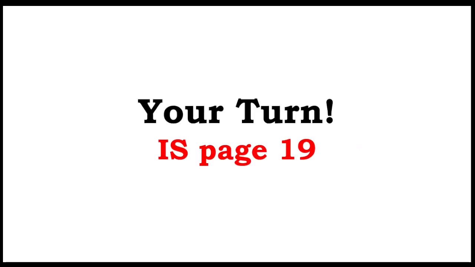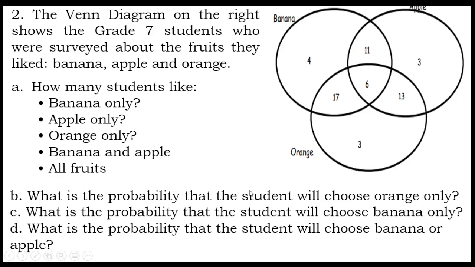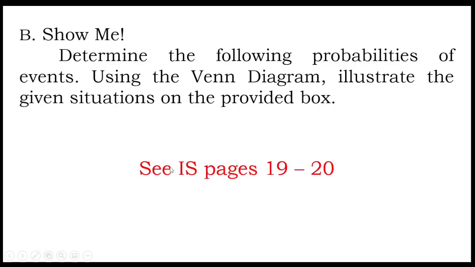Your turn, you will be answering instructional support page 19. Number 2. So, the Venn diagram on the right shows the grade 7 students who were surveyed about the fruits they like. Banana, apple, and orange. You have to solve for A, B, C, and D. And for this problem, solution is not needed. Next.